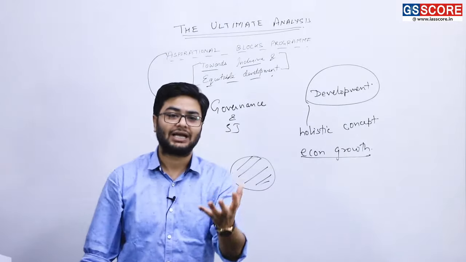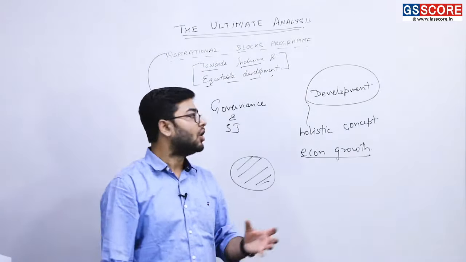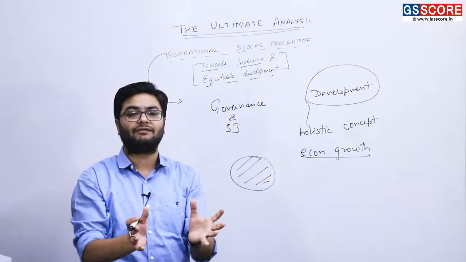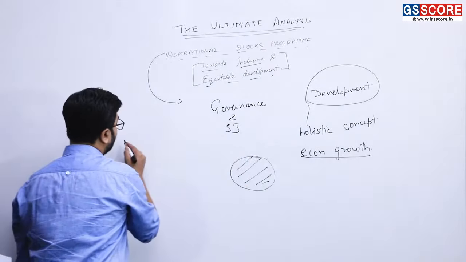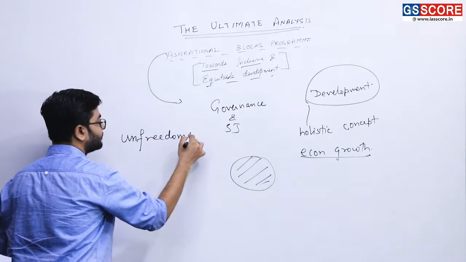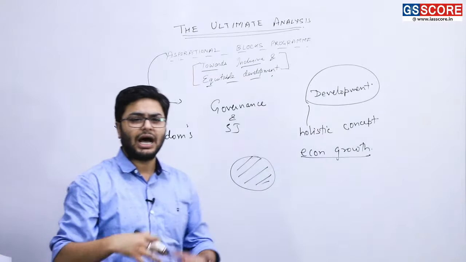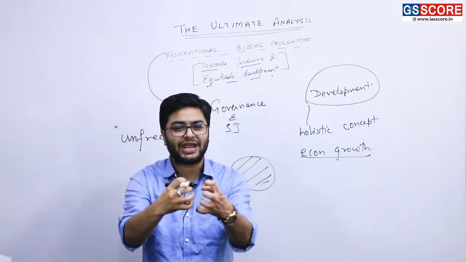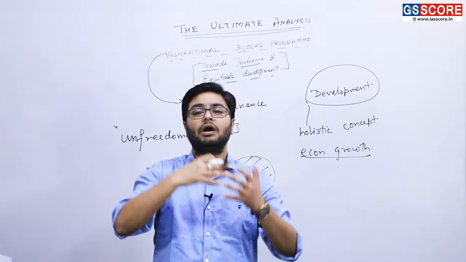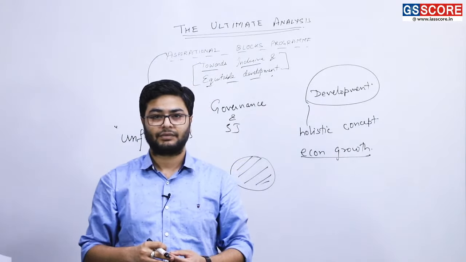So just like Dr. Amartya Sen has qualified the idea of development and social development leading to the national development through the removal of unfreedoms, right? Unfreedoms basically that chain the people, that block the people from realizing their own potential, right?